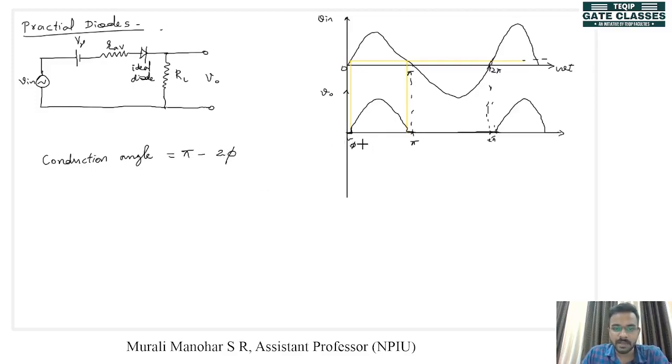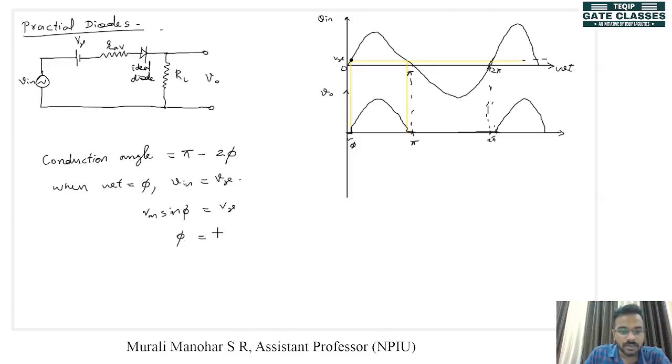And this phi can be found out. When omega t equal to phi, V in equal to V gamma, because Vm sin omega t and V gamma are the same. So Vm sin phi equal to V gamma, and phi equal to sin inverse of V gamma divided by Vm.